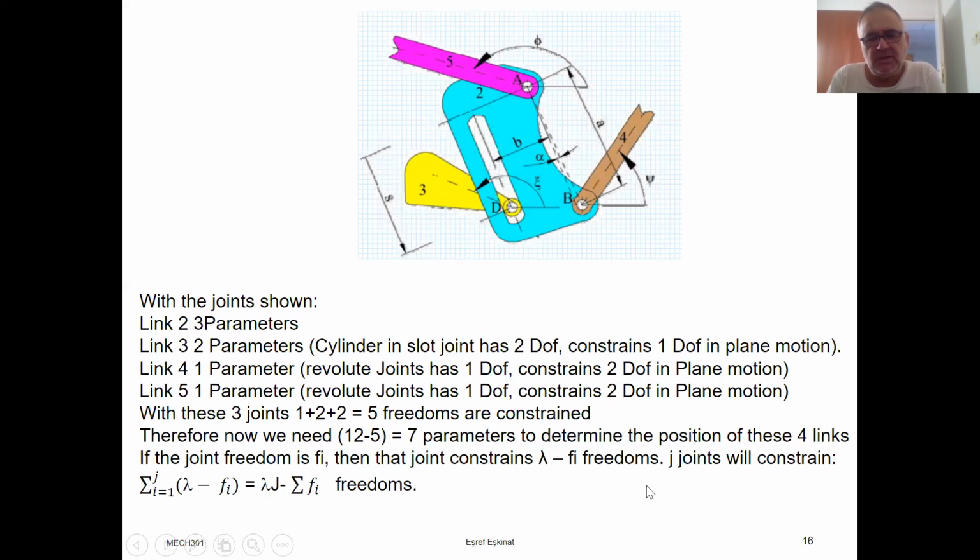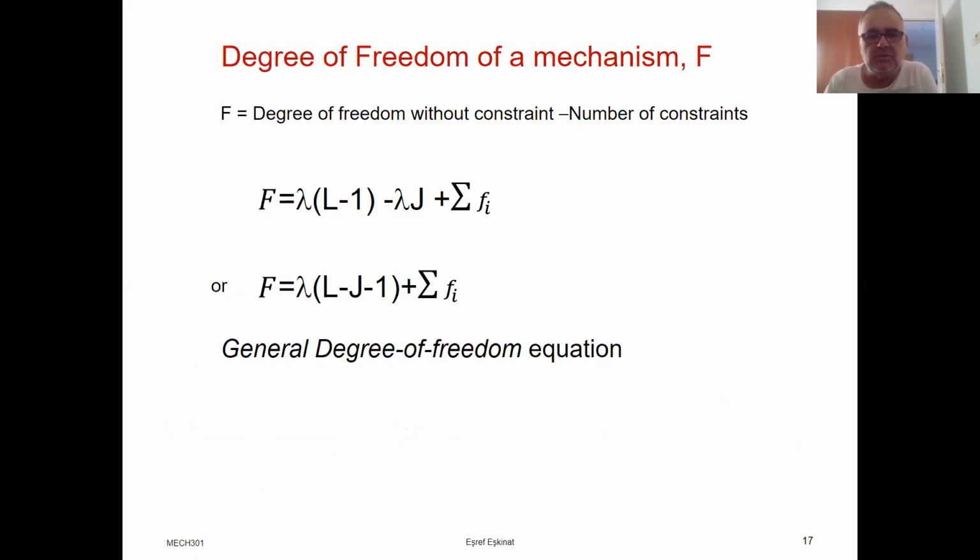So if you have j joints, lambda j minus sigma fi freedoms are constrained by the joints. This is the number of constraints introduced by the joints. So the degree of freedom without constraints is this thing, okay?